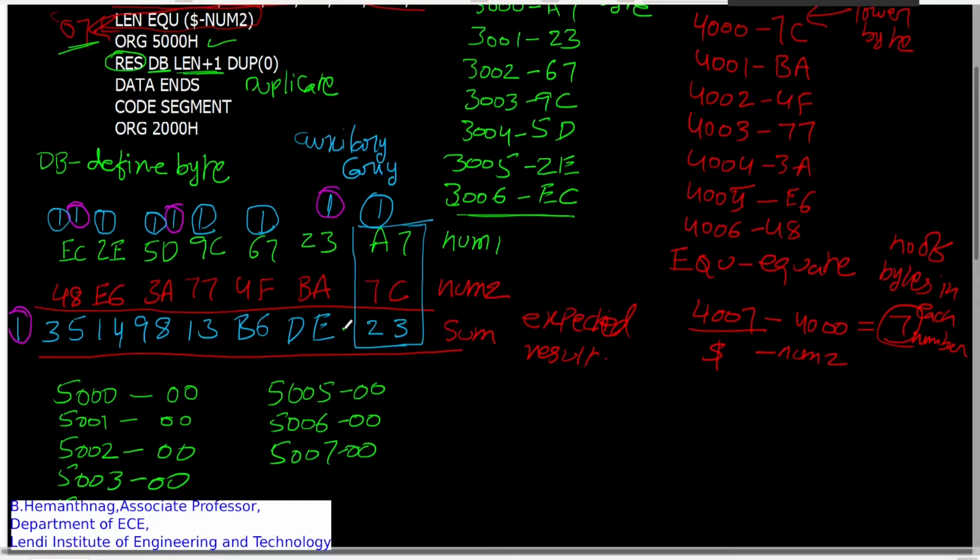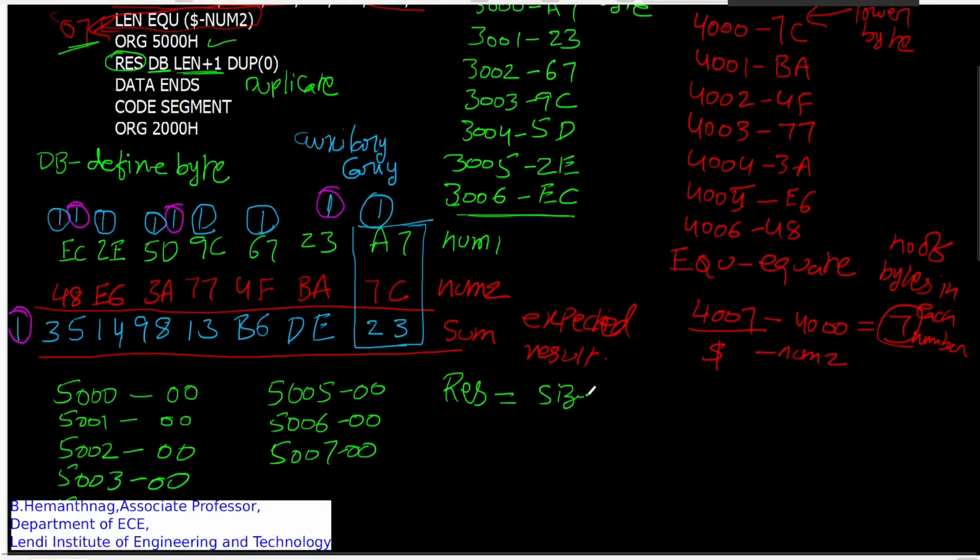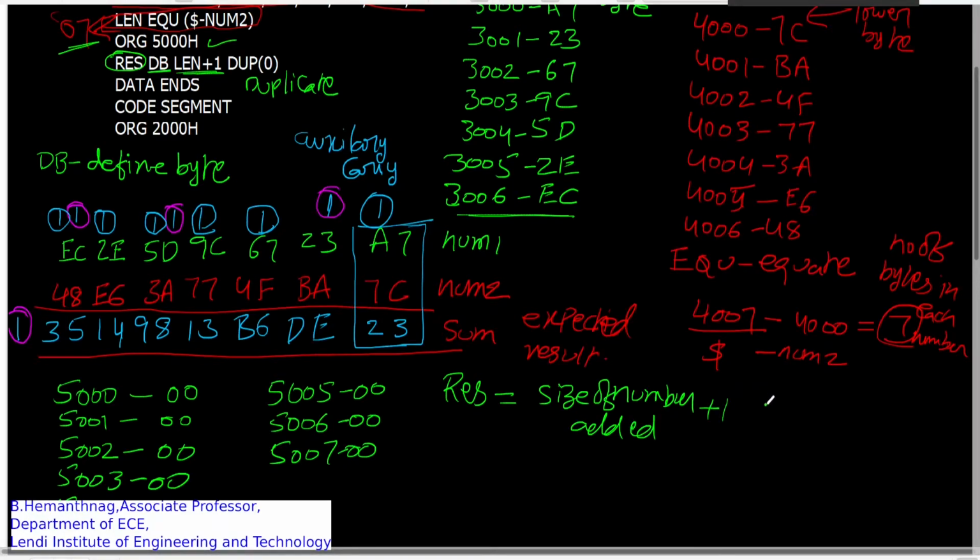Whatever the size of the numbers we have taken for addition, an extra carry is going to be generated, which is taken as the 8th byte. So the result will always have the size of the numbers added plus 1 bytes. This is the size of the result that we have to consider.